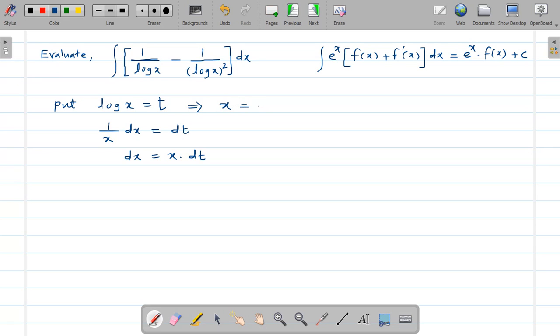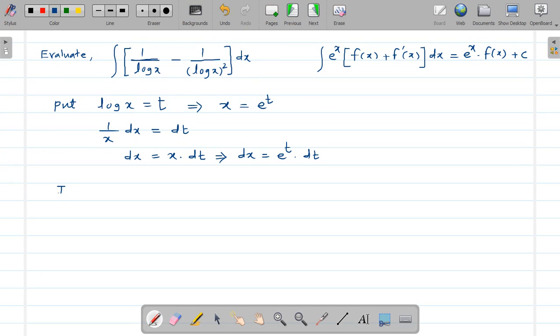X will be e raised to t, converting logarithmic form to exponential form. So dx can be replaced as e raised to t into dt. So if you put log x equal to t here, then we have to put dx equal to e raised to t into dt.